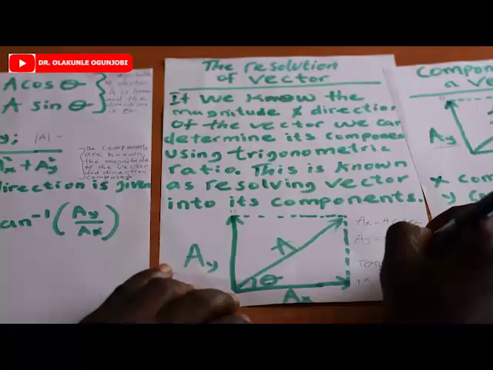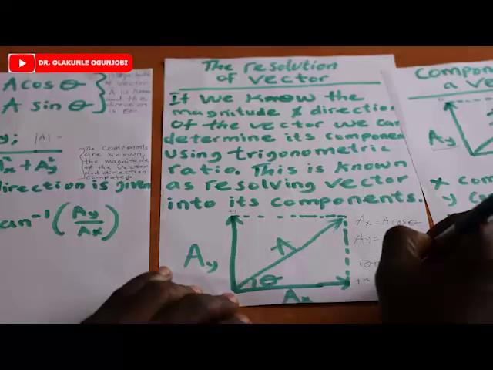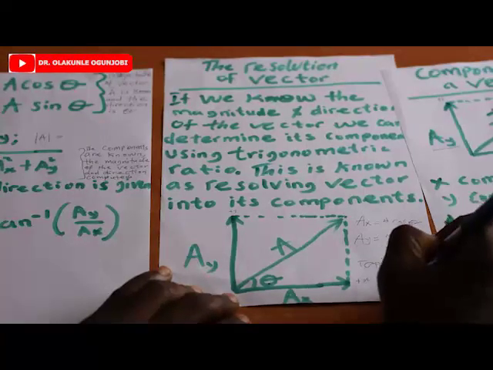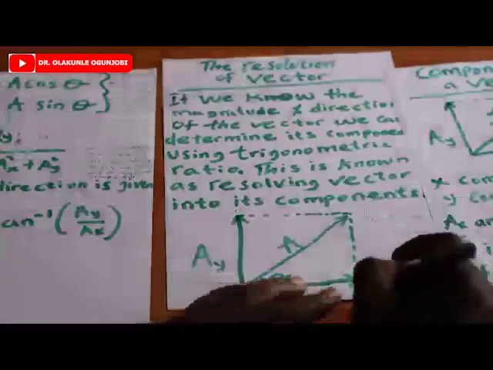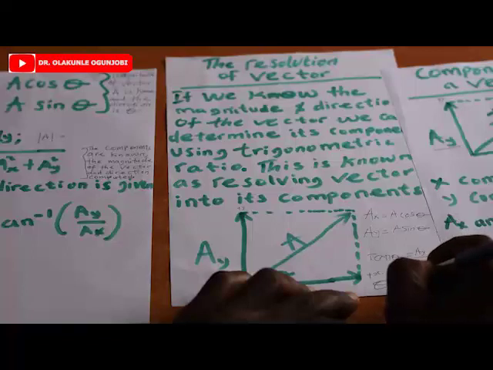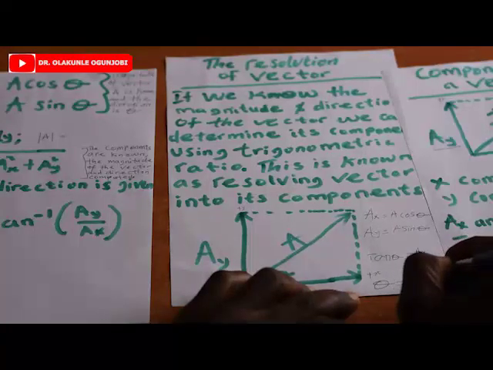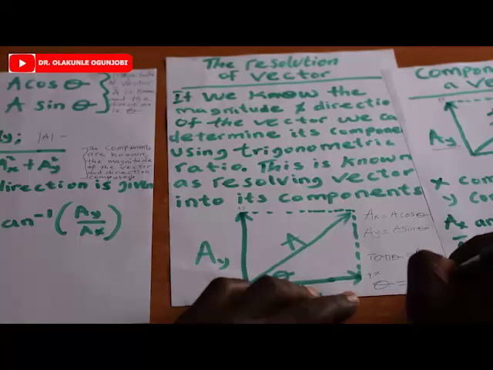So in this case, you have Ay over Ax. Invariably, your theta becomes tan inverse, the inverse of tan, of Ay over Ax.